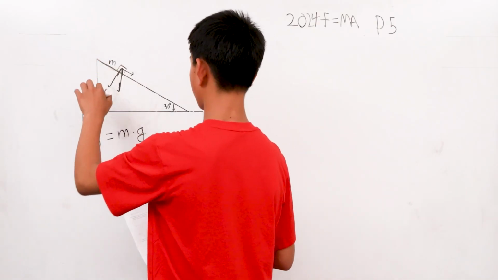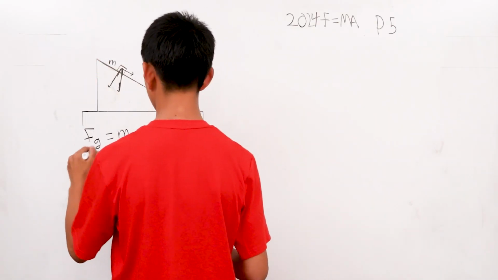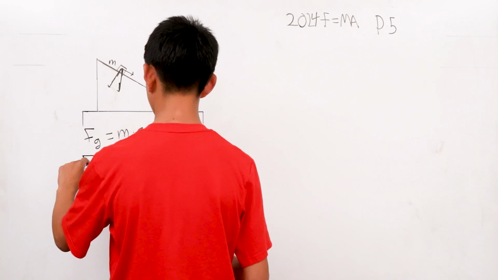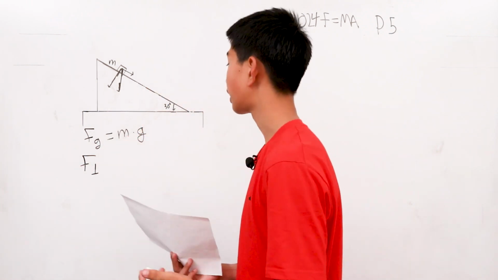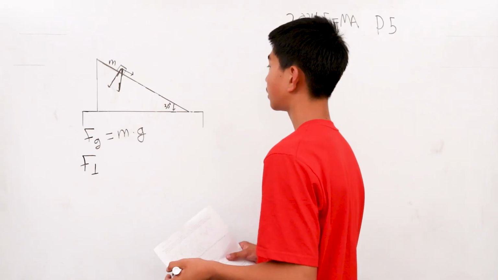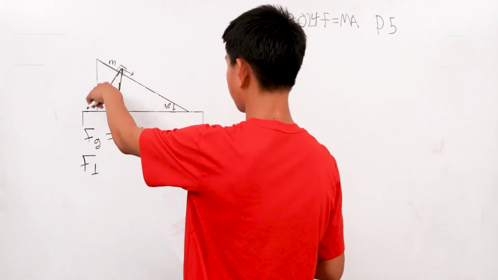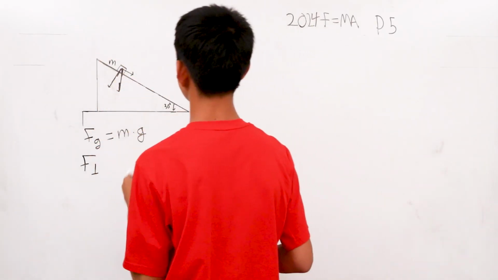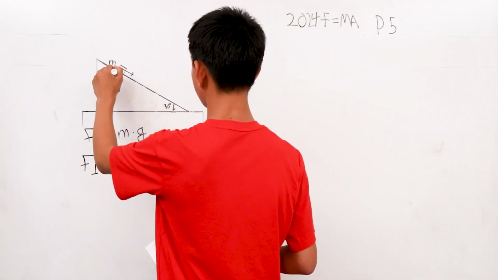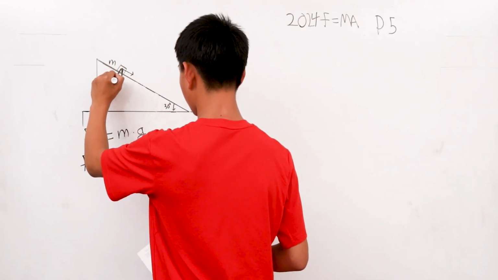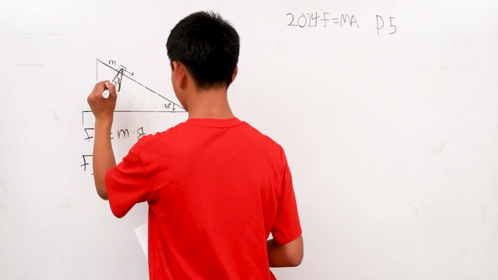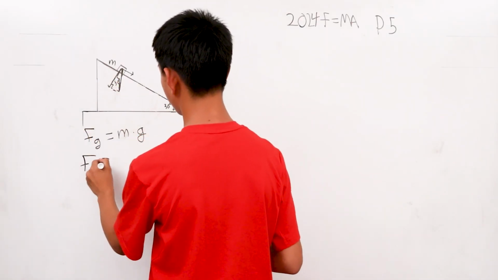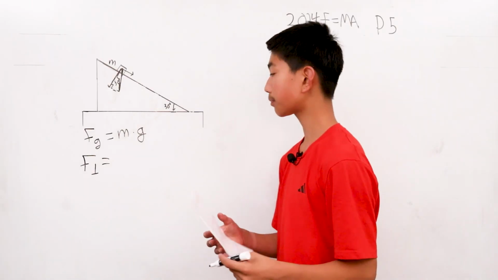Now we have this force, which we can call F perpendicular, as it is perpendicular to the plane. That angle is 30 degrees, and this is a right triangle. Therefore, we can apply the properties of sine and cosine.